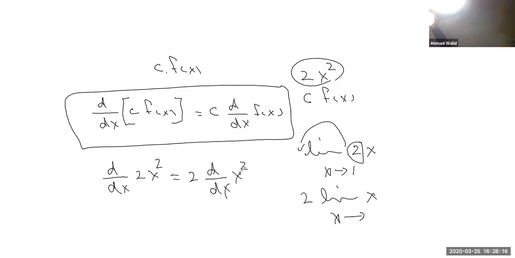And now, I already explained to you the power rule. Then 2 times, what is the derivative of x squared? Bring the 2 to the front and subtract 1 from the exponent, x to the power of 1, or 2x, which gives you 4x. Correct?